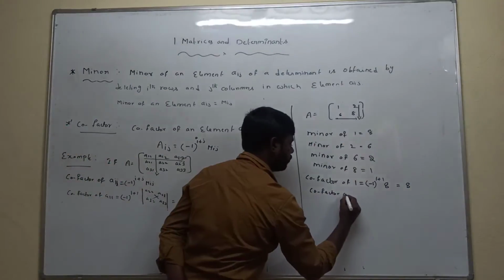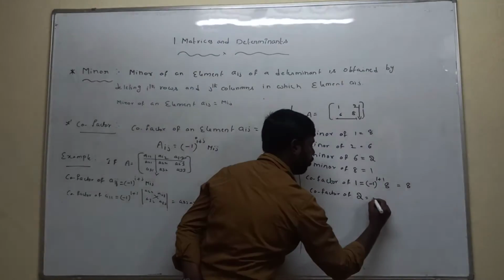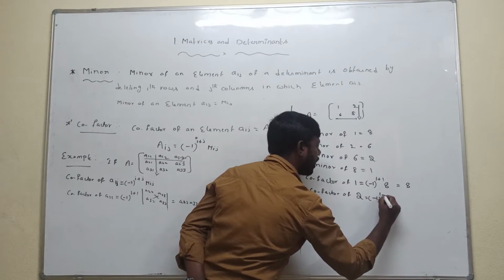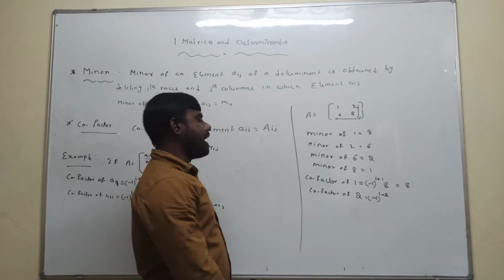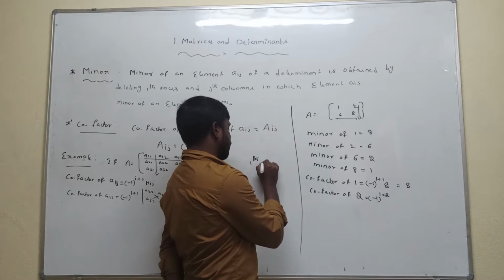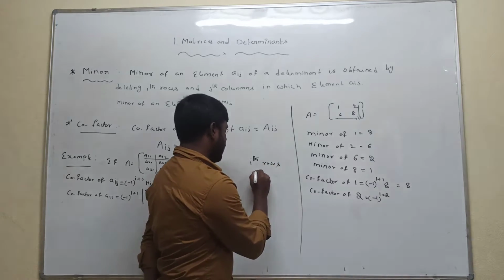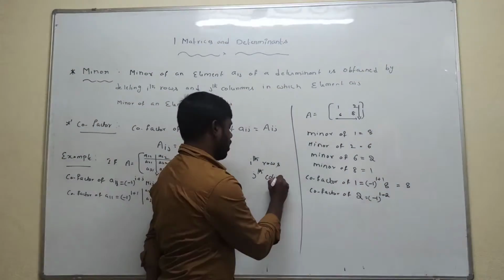Next we need to calculate cofactor of 2. 2 is present in the first row and second column. That's i plus j, where i is the ith row and j is the jth column.